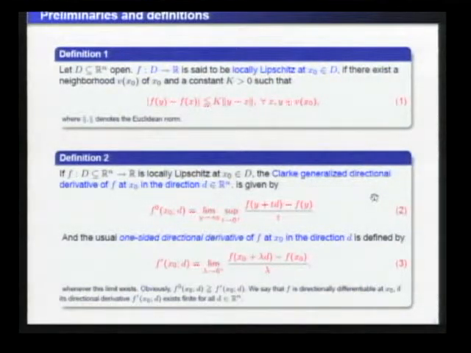And the one-sided directional derivative of f at x0 in the direction d is defined by relation 3. It is clear that f°(x0;d) is greater than or equal to f'(x0;d). We say that f is directionally differentiable at x0 if its directional derivative f'(x0;d) exists finite in all directions.